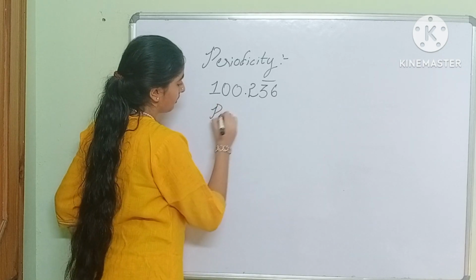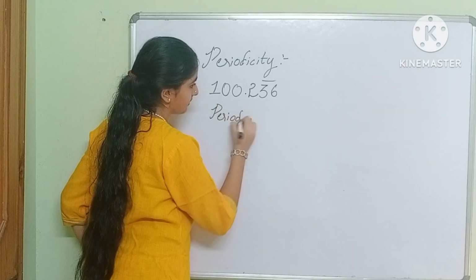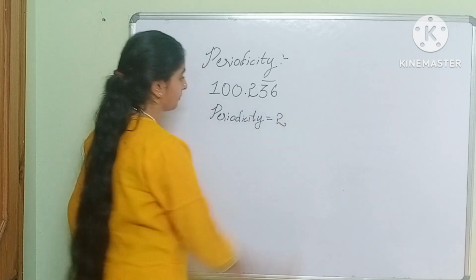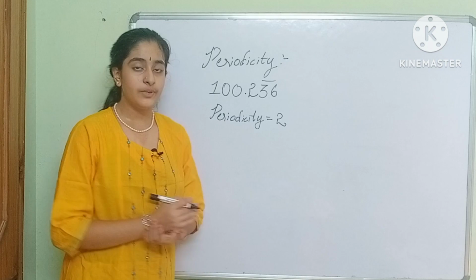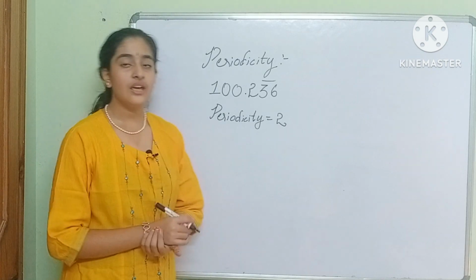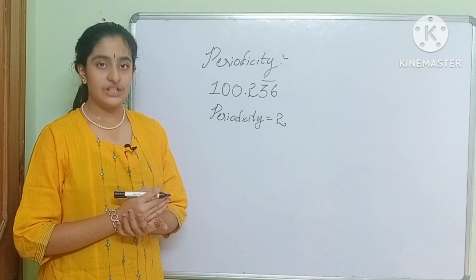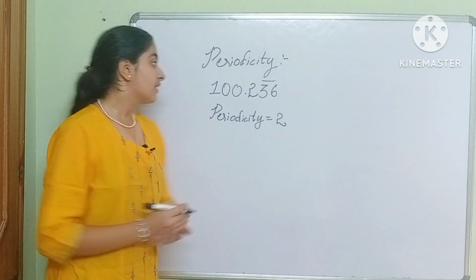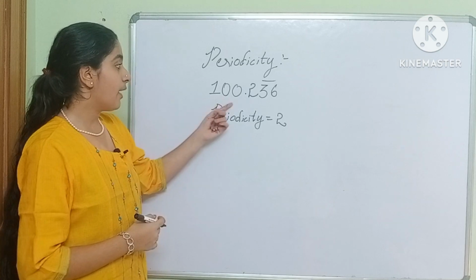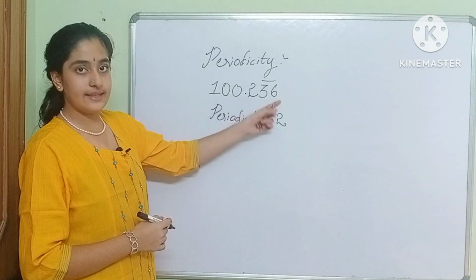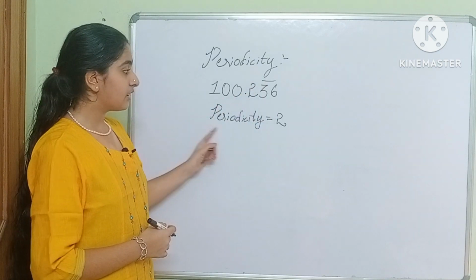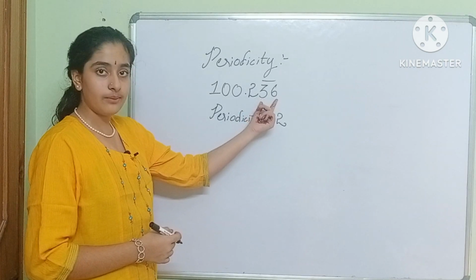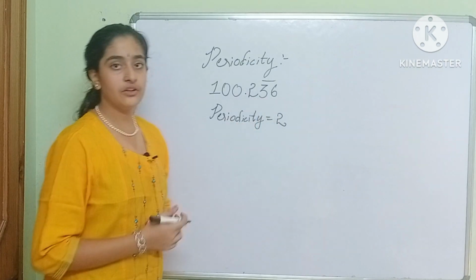So periodicity is 2. I'll repeat the definition again: the number of digits in the recurring part is called periodicity. Example is 100.236 bar. Periodicity is 2 because there are only 2 digits in the recurring part. So this is about periodicity.